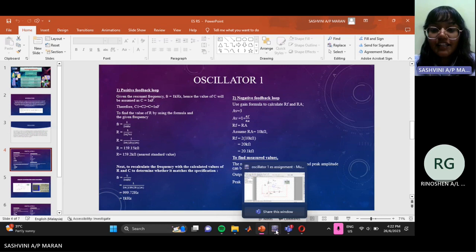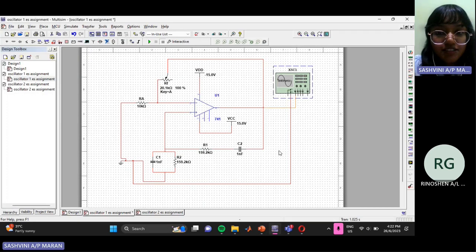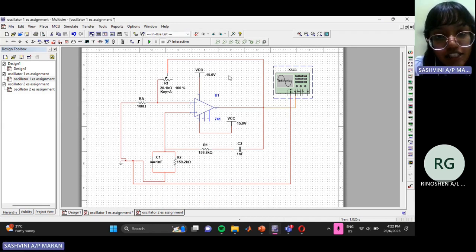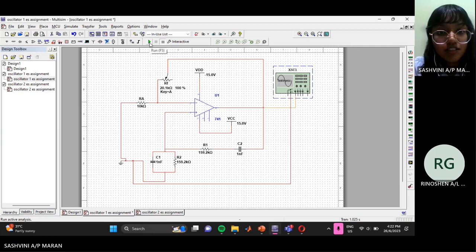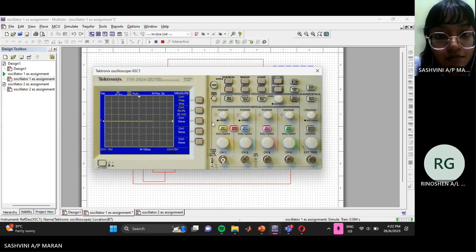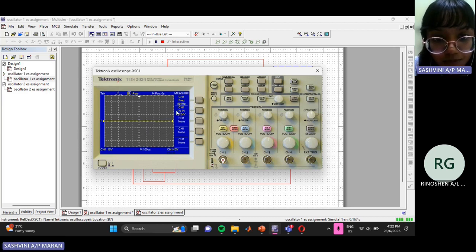Next, we are going to see the Multisim circuit constructed for oscillator 1. It is shown that this is the negative feedback loop and this side is the positive feedback loop. Now I'm going to run the simulation. For channel 1, we are going to measure the frequency and also the peak-to-peak values.